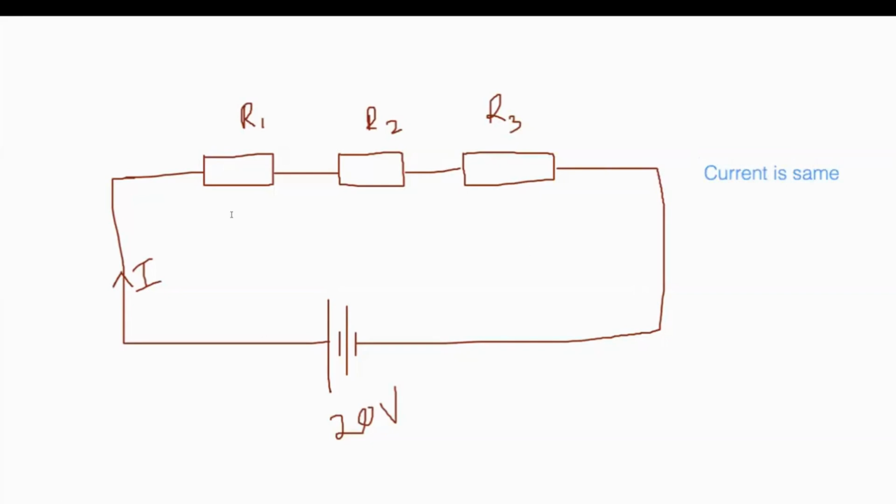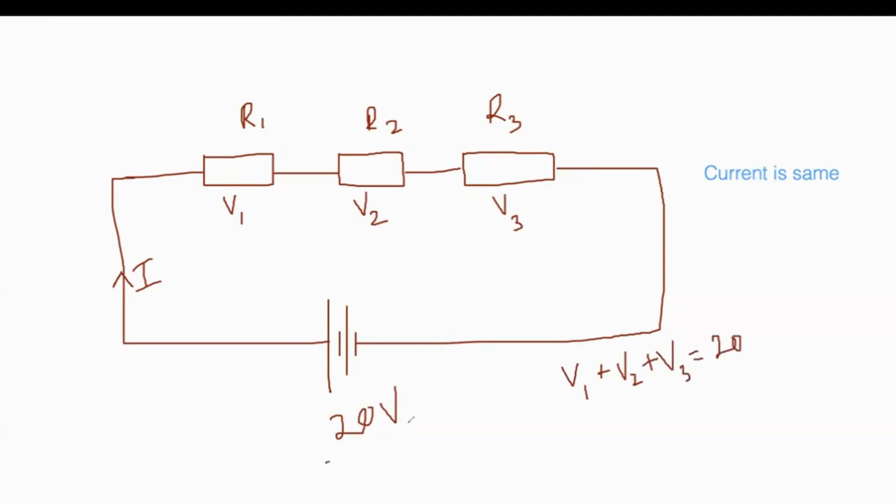So that means when the voltage is going to be distributed among all the components, R1 will have a voltage V1, R2 will have a voltage V2, and R3 is going to have voltage V3. But you know what's the interesting part? What connects them is V1 plus V2 plus V3 is going to be 20.